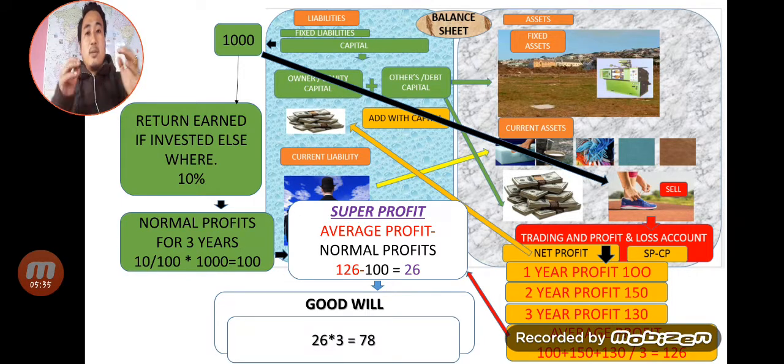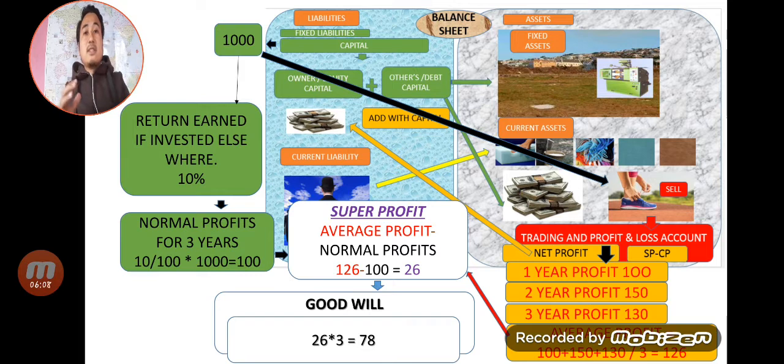So the calculation of goodwill following the super profit method is very simple if we are able to understand the business process, if we can imagine the business process, and if we can relate this process with the business. I'm again repeating it for you. In calculating goodwill following the super profit method, the investor will see other investment avenues before they invest in any business.